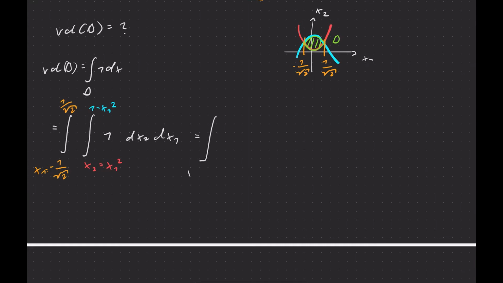We'll keep the outer integral. We will compute the inner one. So the integral of 1 with respect to x2, that's easy, that's just x2. And then we need to substitute the bounds. Lower bound is x1 squared, upper bound is 1 minus x1 squared.